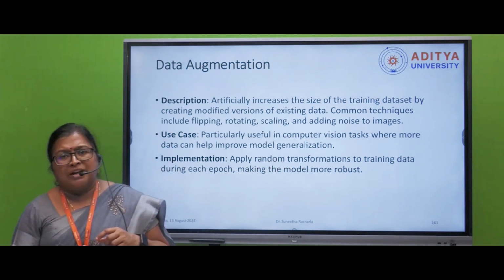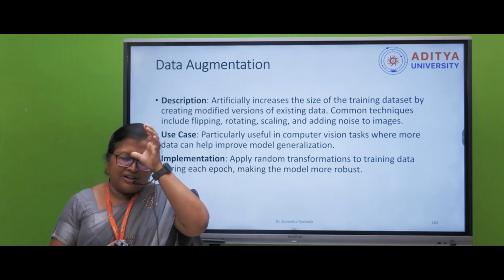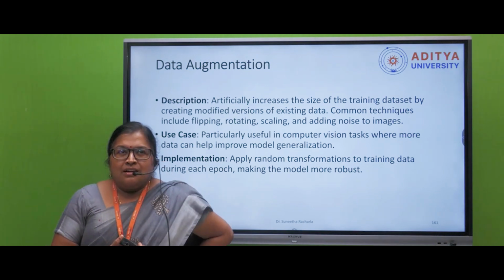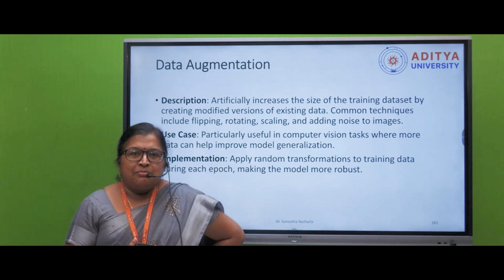The next one is data augmentation. This is one more type of regularization technique. Data augmentation is nothing but, for example, the same basketball team I'm taking.